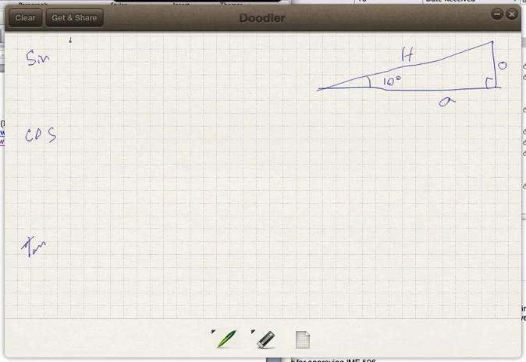Okay, let's draw an axis. Here's theta. There's sine. Let's move cosine down a little bit. Okay, so here's cosine.